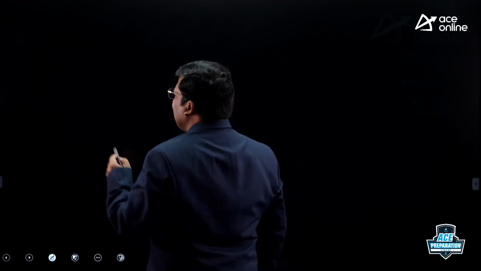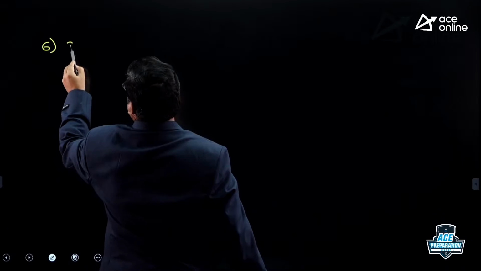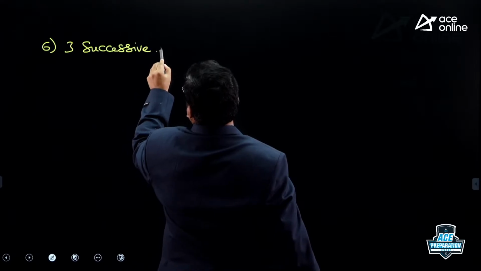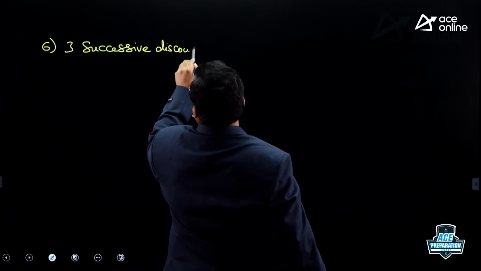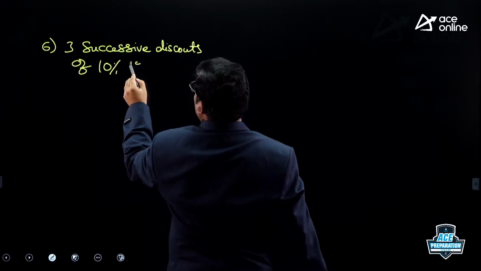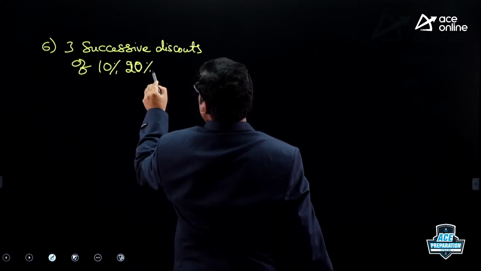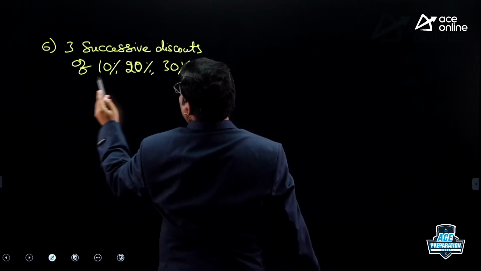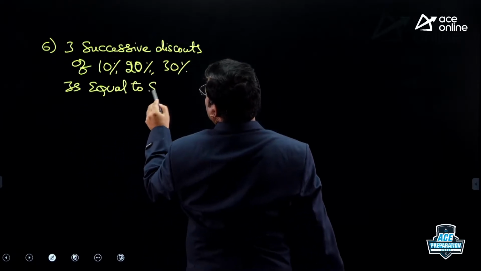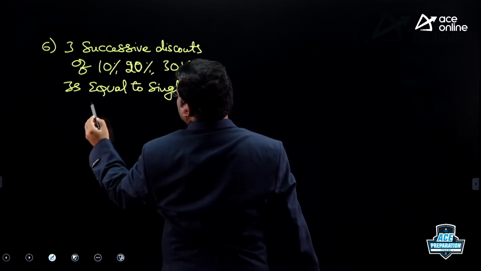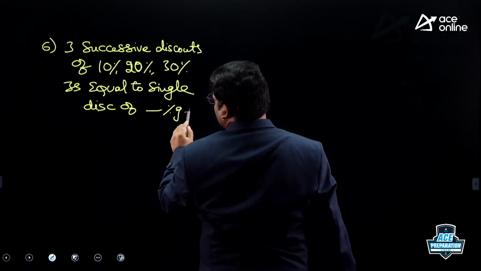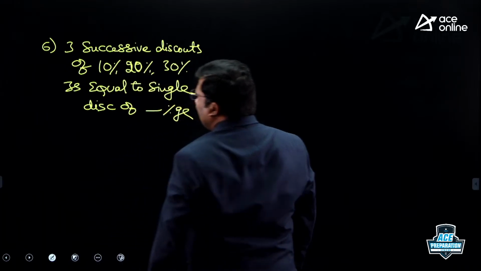One more question. 3 successive discounts of 10 percentage, 20 percentage, and 30 percentage are equivalent to a single discount of what?